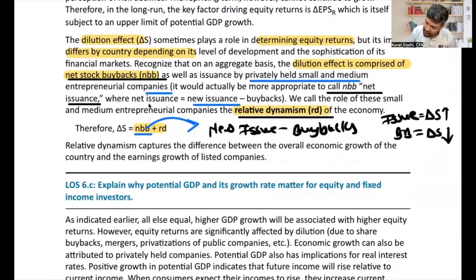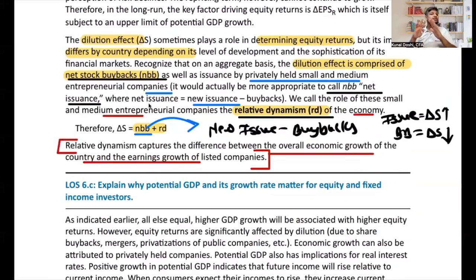What is RD? So see, RD, we call the role of the small and medium entrepreneurial companies, the relative dynamism of the company. It captures the difference between the overall economic growth and the growth of the listed company. So see, when the economy is growing at 5 or 6%, not every company is growing at 5 or 6. Some are growing at less, some are growing at more.